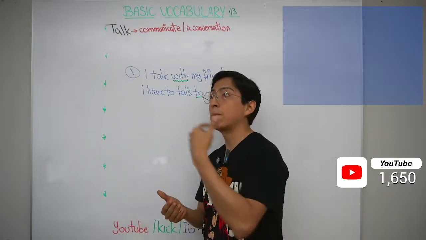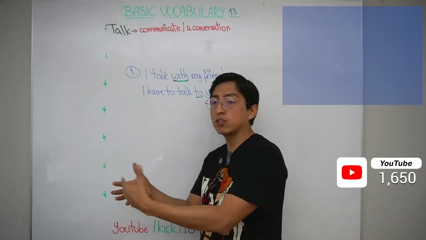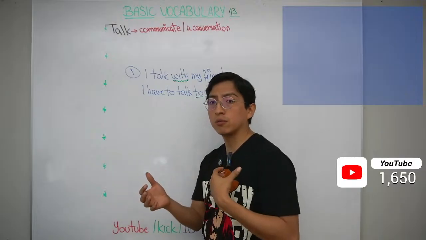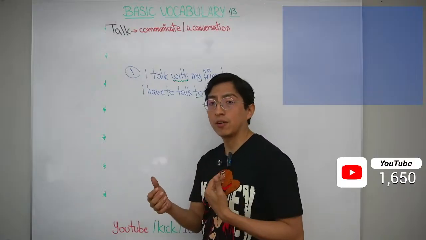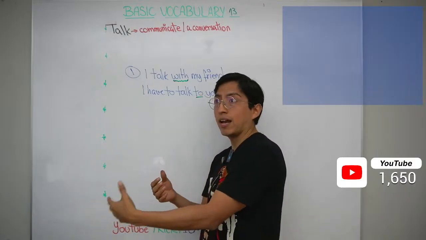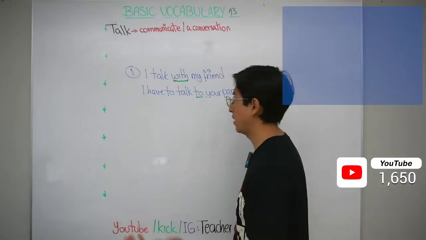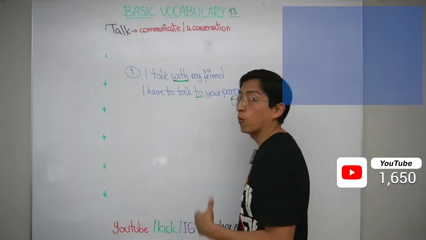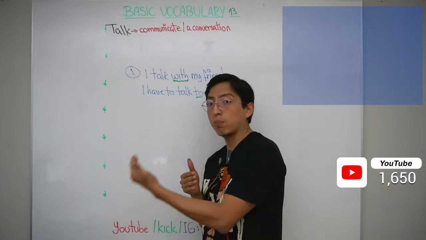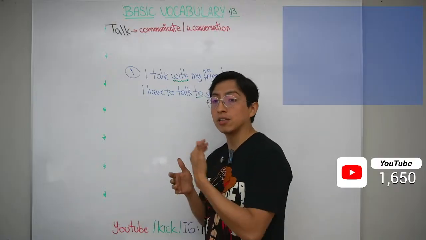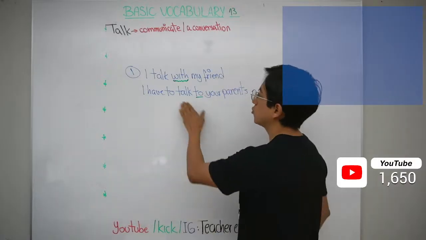I talk, my friend talks. I talk with my friend. He has some time for talking, and then I have some time for speaking. He speaks, I speak. I say something, he answers that question or that information. So that is talk with. There is an interaction. Both parts are interacting with each other.